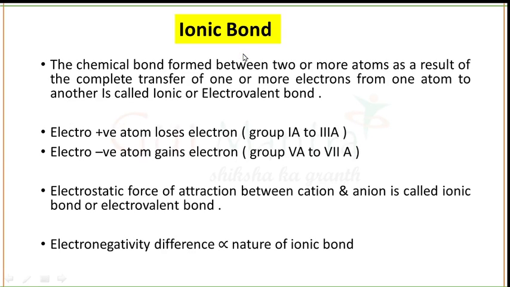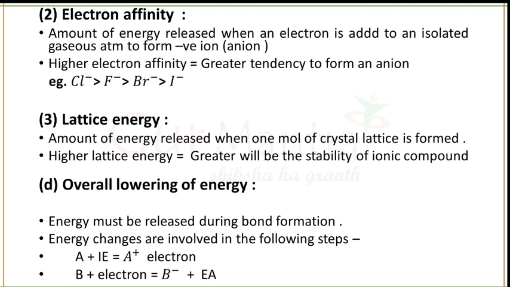As you have seen here, if the atom gains an electron, it becomes negative, that's why it is known as anion. And when an atom loses an electron, gives it to another atom, it becomes positive or becomes cation. As the electron affinity increases, there is the greatest tendency to form an anion, as you can see in this particular halogen ions order.